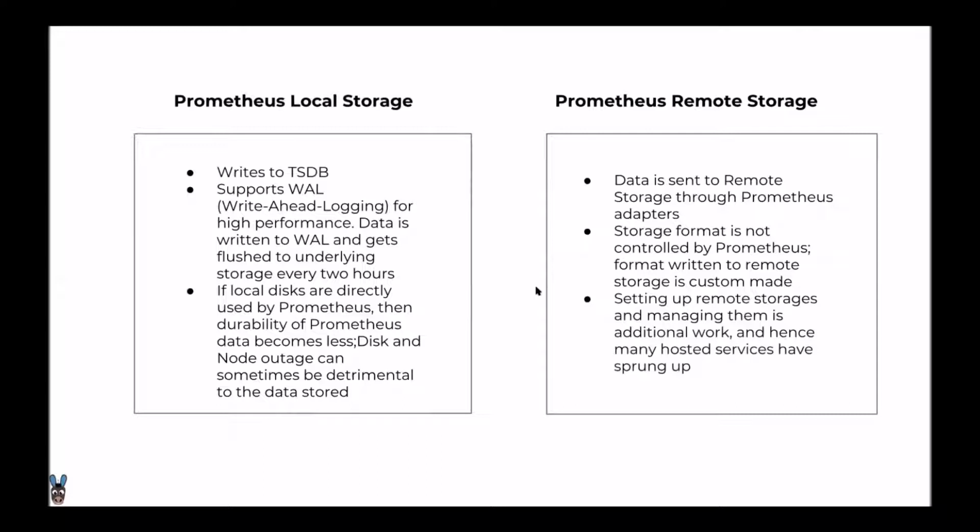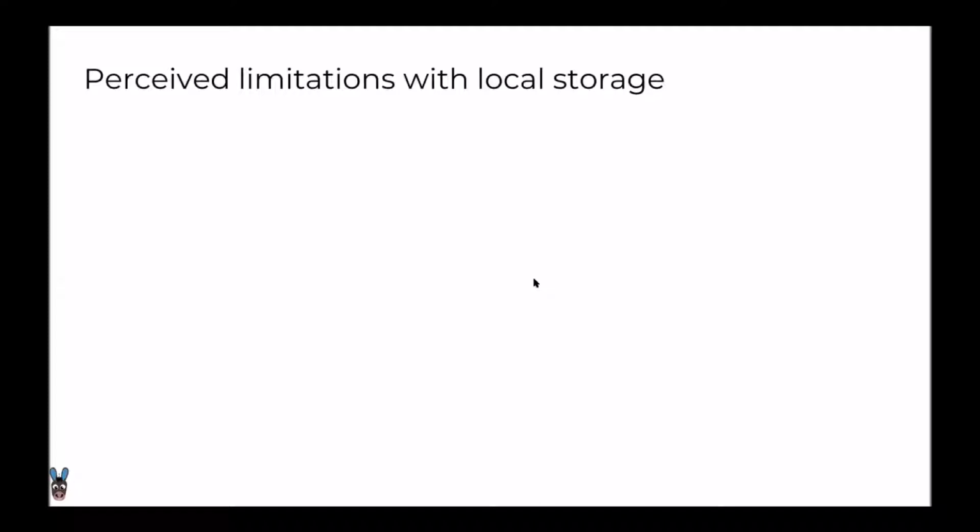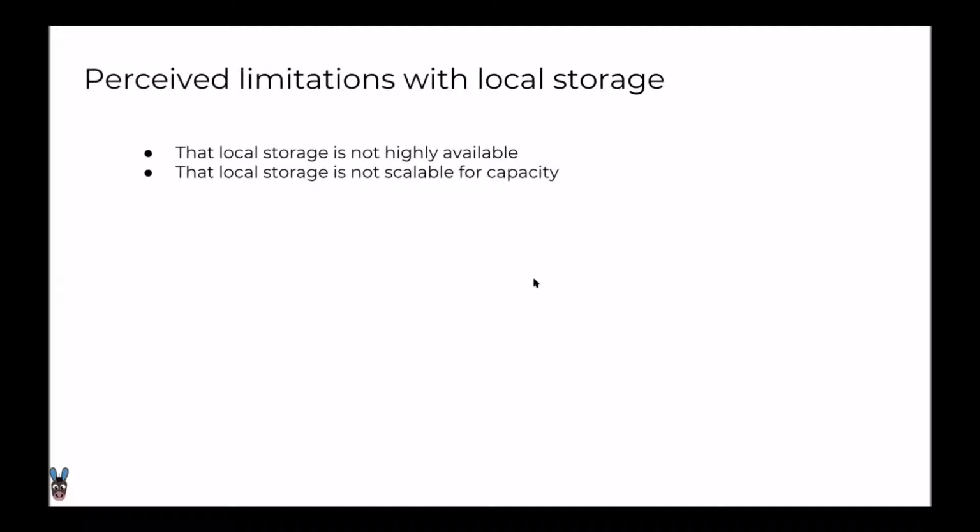So OpenEBS is going to help simplify these storage requirements when used as local storage, right? We talked about if you use local disks, then we have a problem of storage not being highly available.